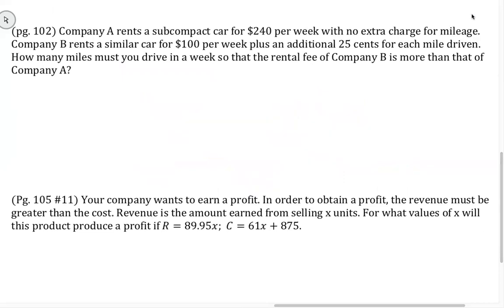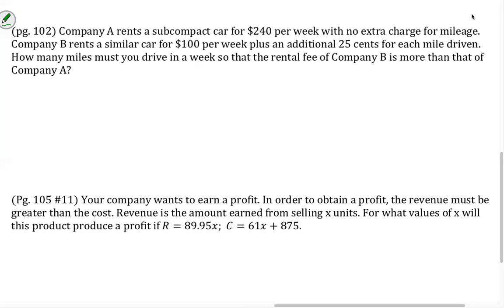All right, Company A rents a subcompact car for $240 per week with no extra charge for mileage. Company B rents the similar car for $100 per week plus an additional 25 cents for each mile driven. How many miles must you drive in a week so that the rental car fee of Company B is more than that of Company A?